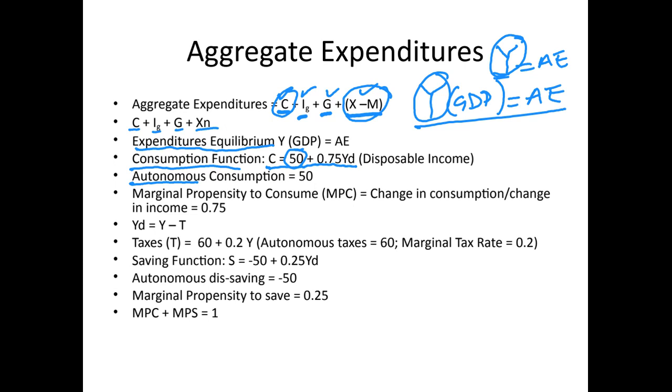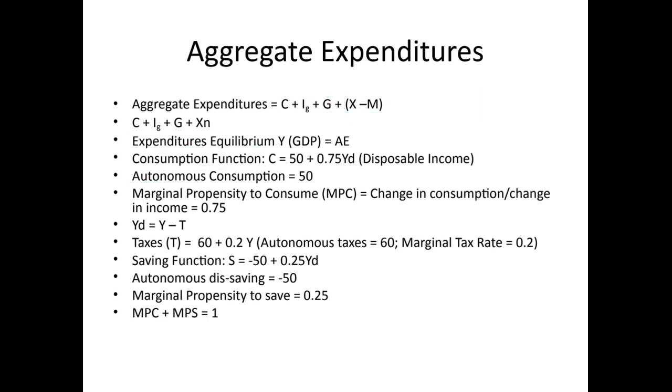Then we have this coefficient, 0.75. This coefficient is called the marginal propensity to consume, and in short, we always write MPC.